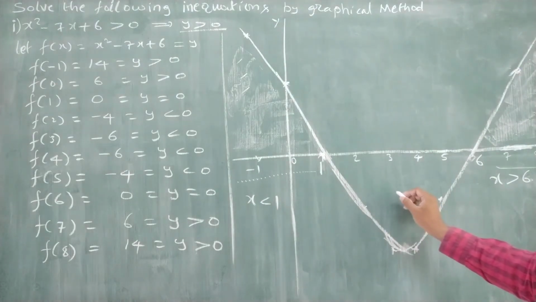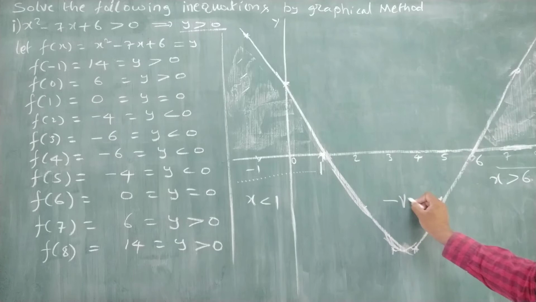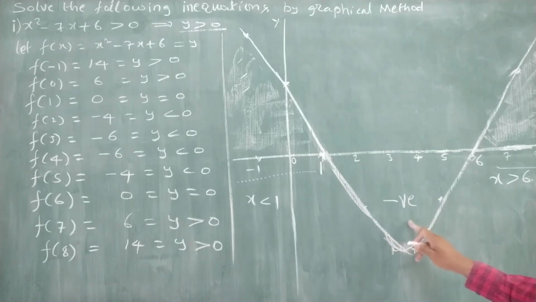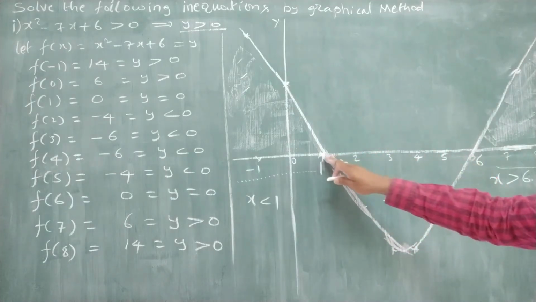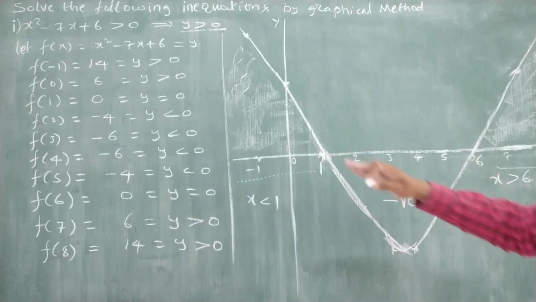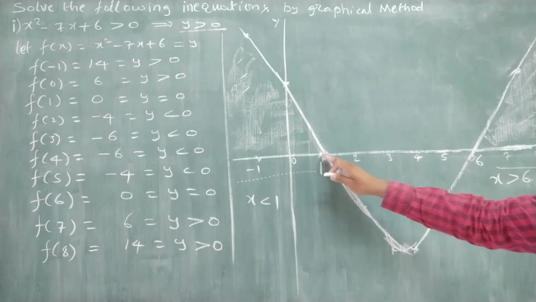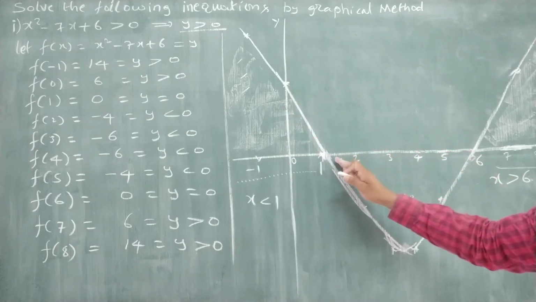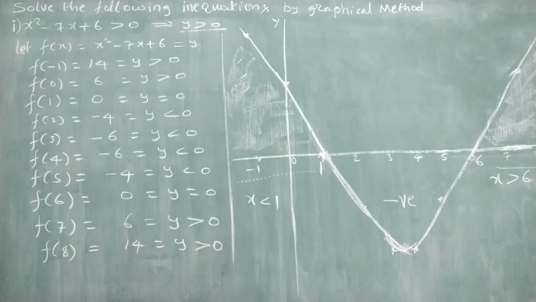So this is the negative part. That's why here the inequation is not satisfied. That means the values of x do not lie between 1 and 6, including 1 and 6.